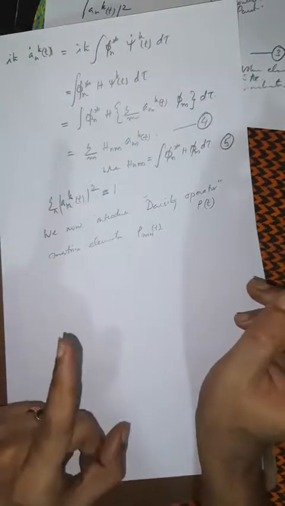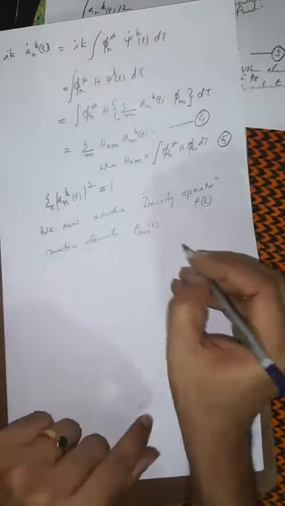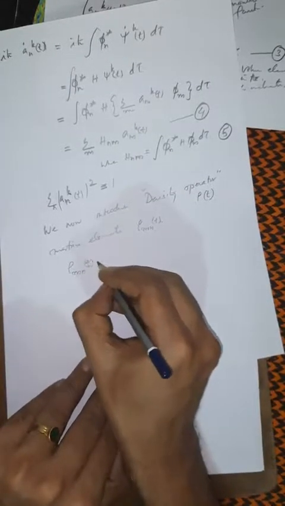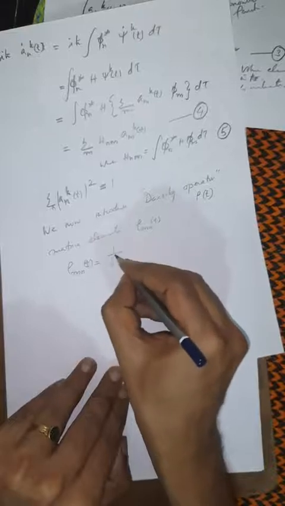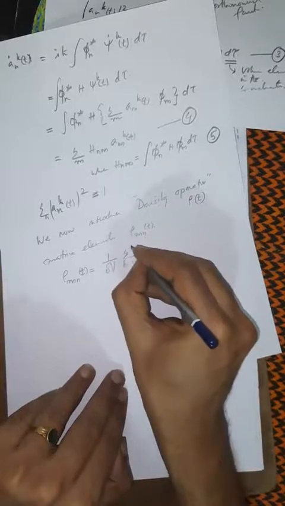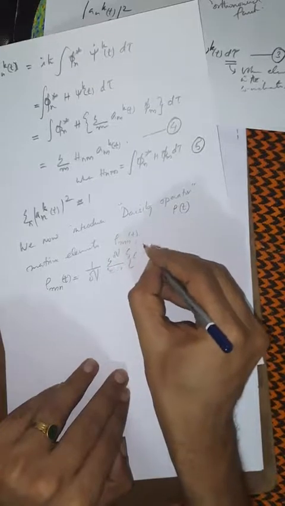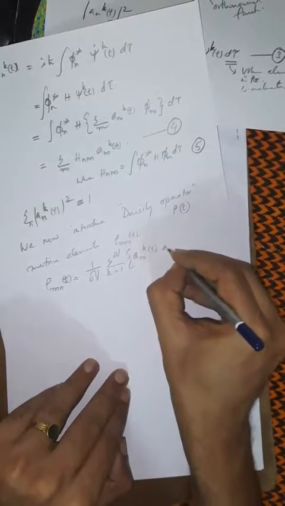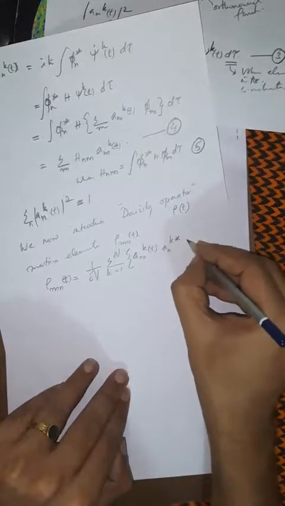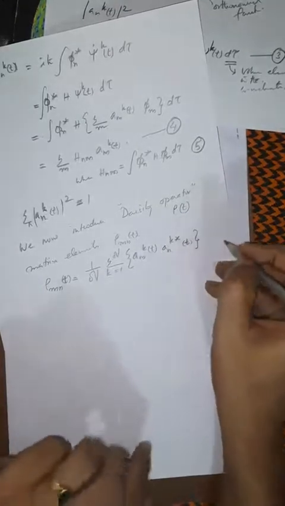There is a density operator rho(t), and it is a matrix, and its elements are represented in general by rho_mn(t). I can write rho_mn(t) as equal to 1 by script N, sum over k equal to 1 to script N, A_m(k,t) A_n star(k,t), right?